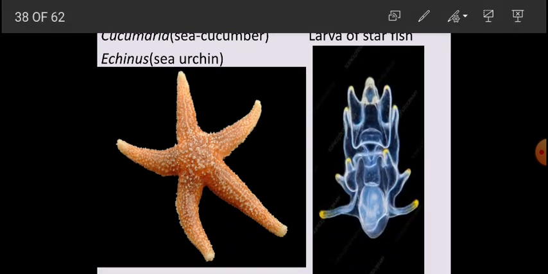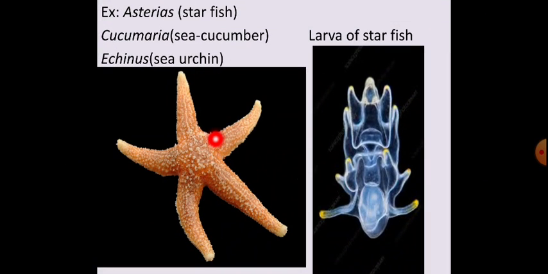The body of the adult is radially symmetrical, whereas the body of the larva is bilaterally symmetrical.